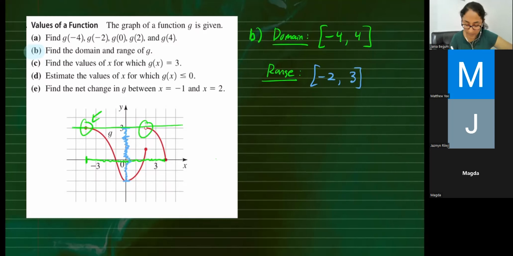But if the left side was also open, for instance, let's say my graph was this, then it will be open at 3. But because the other end closes it, you have to close it because that point is defined at 3. That means the y value 3 does exist in the range. Does that make sense?